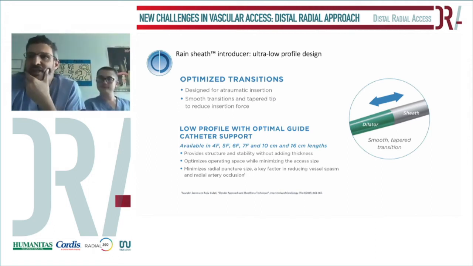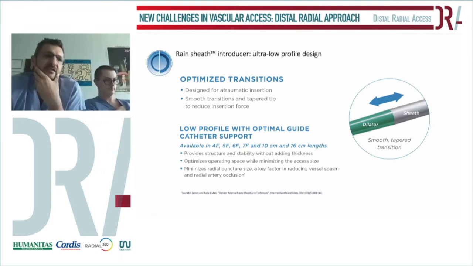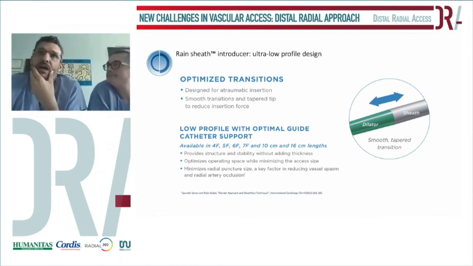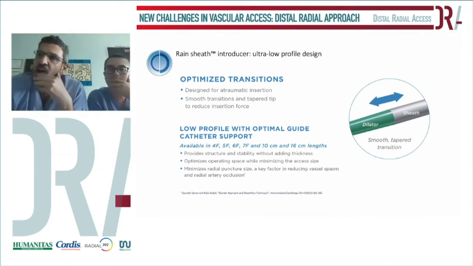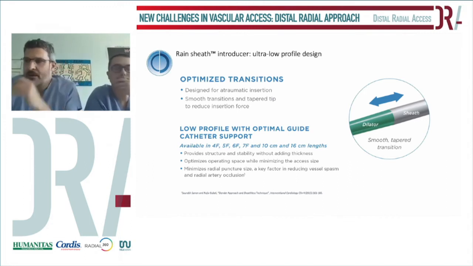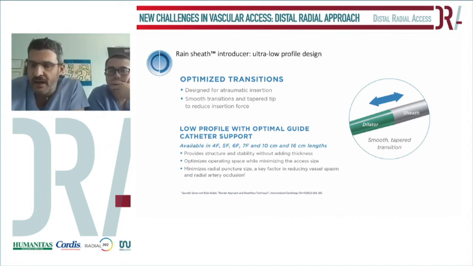Okay, we had the opportunity to use both of these products, and both of them are very performant. I think that one of the differences could be that the Rain sheath is, as I said, less prone to kinking compared to the Glide Sheet Slender.